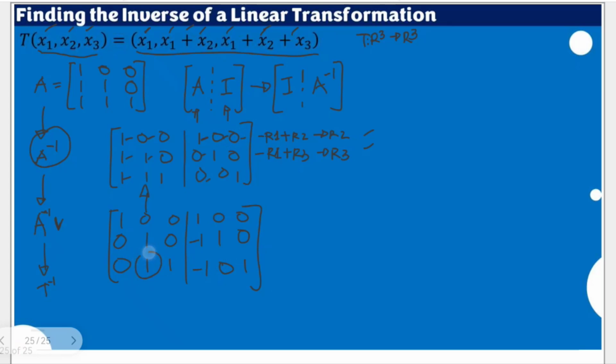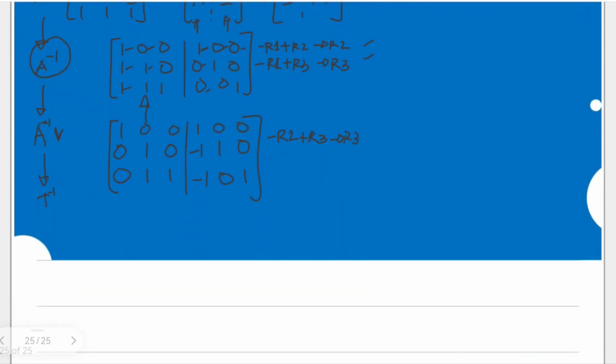Next, let's make this 0. Okay? So you will have to multiply negative 1 to row 2 plus row 3 for a new row 3. So this is still 1, 0, 0. The second row is also unchanged. The third row will look like this.